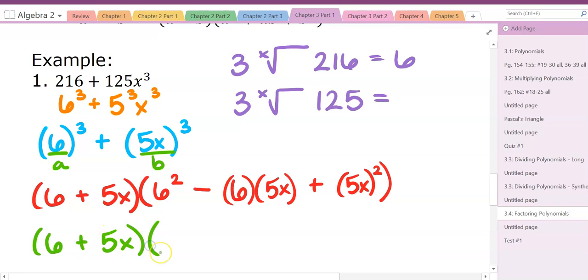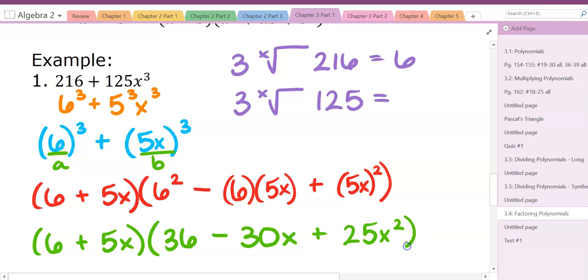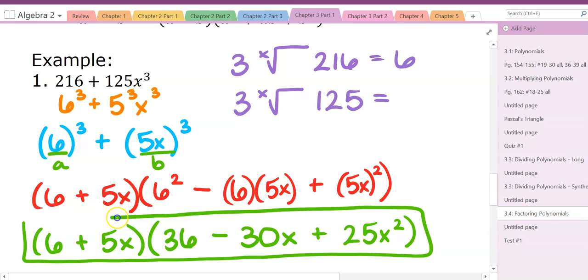What's 6 squared? 36. What's 6 times 5x? Good, minus 30x. And with this 5x, since you're squaring it, you have to square the 5 and you have to square the x. So what's 5 squared? 25, and then x squared. This right here is going to be your final answer. This is its factored form.